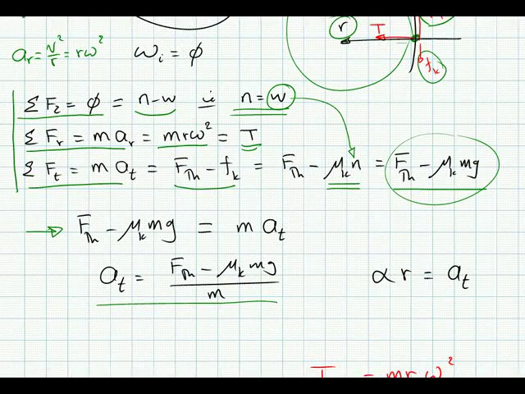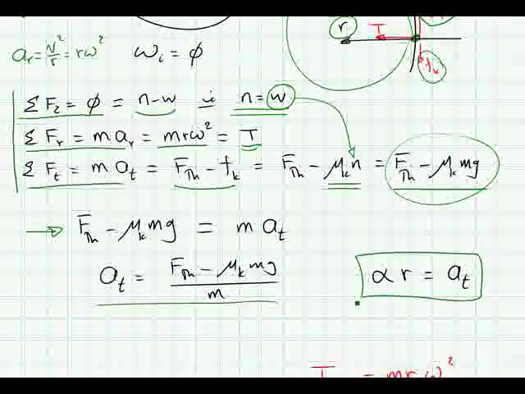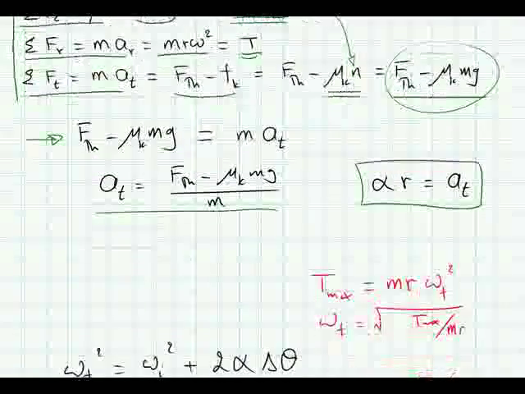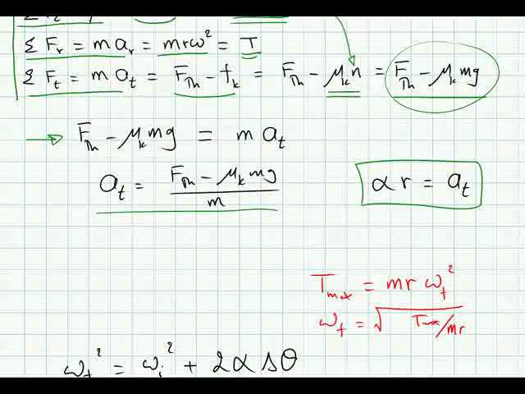And we know, I believe I gave this in the previous lecture, that a_t is equal to R alpha. So we can then calculate what alpha is.